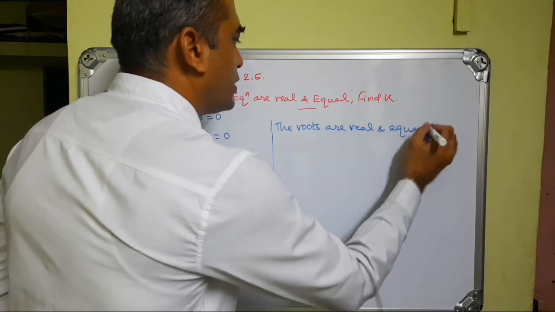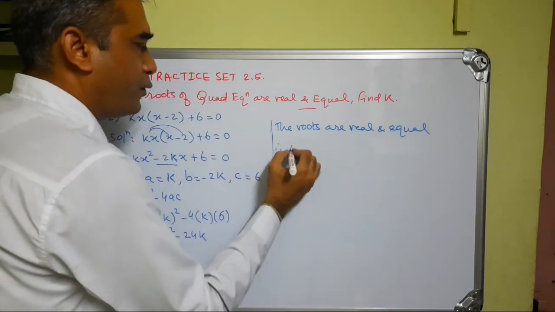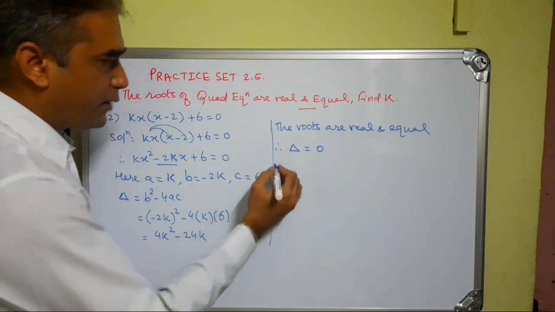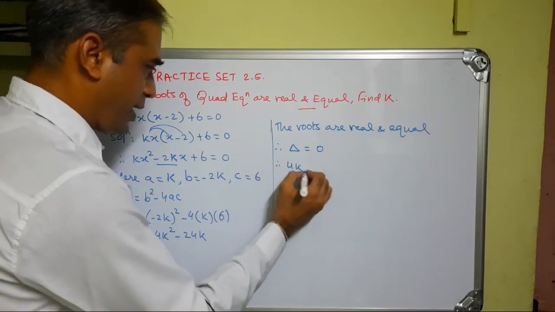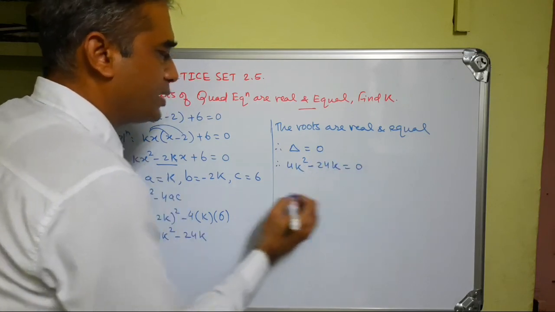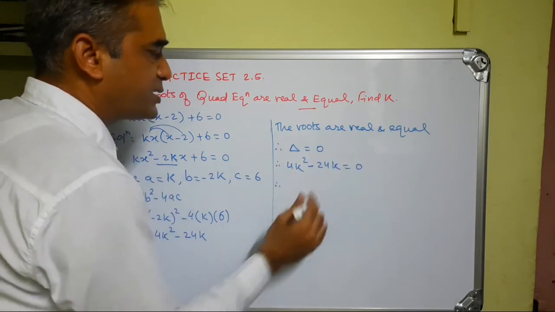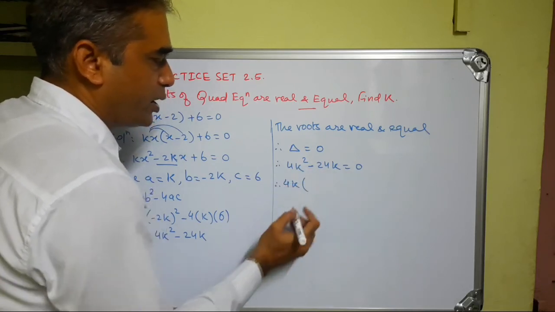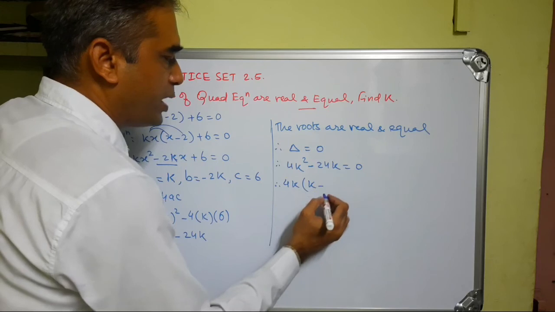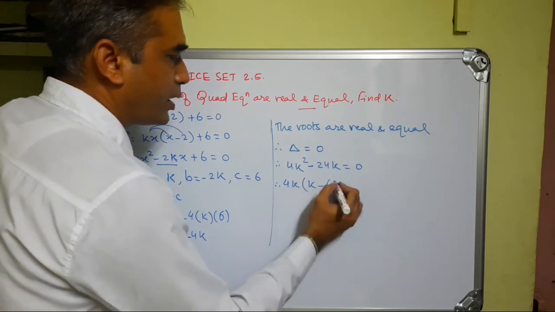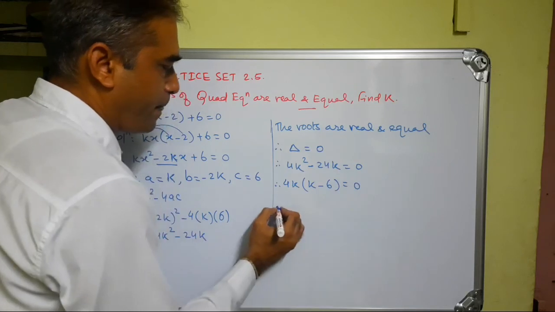Therefore the value of discriminant will be 0. Therefore 4k square minus 24k equals 0. Now let's factorize it. Common factors are 4 and k. In the bracket, k minus 6, since 4 goes into 24 six times, and k we have taken out, equals to 0.